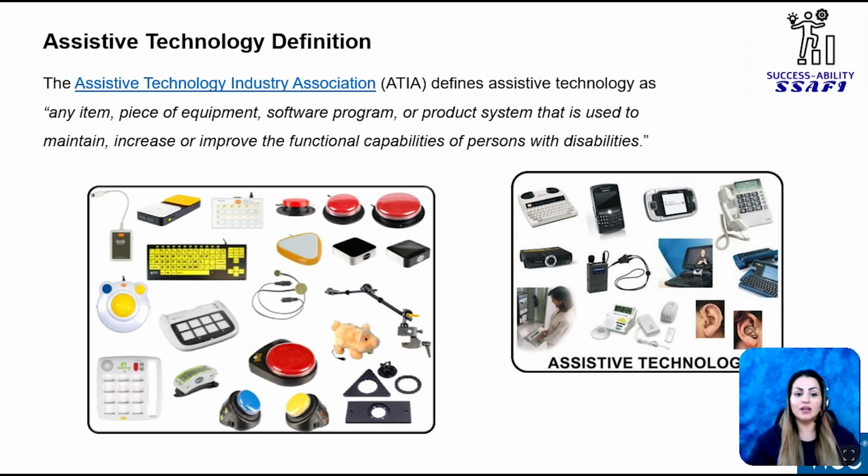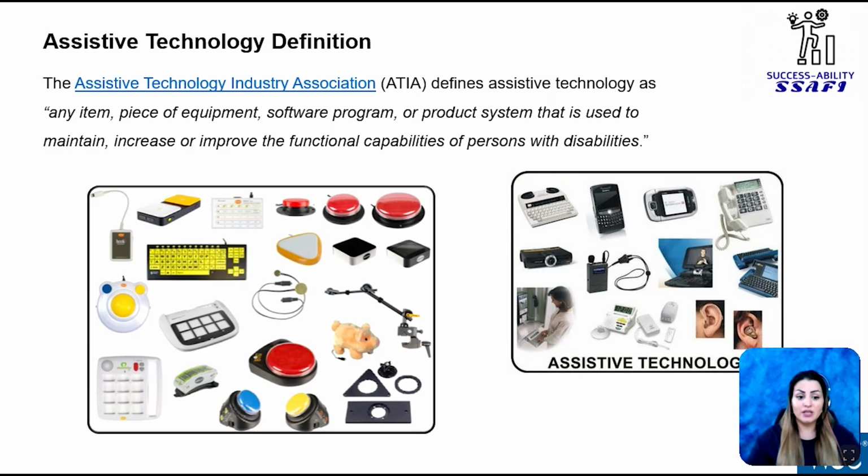Assistive technologies are vital for making the web more inclusive by enabling users with disabilities to overcome the various physical, sensory, and cognitive challenges that they face and engage with the web content in ways that are most suitable to their needs. Let's take a look at the ATIA definition of this term.